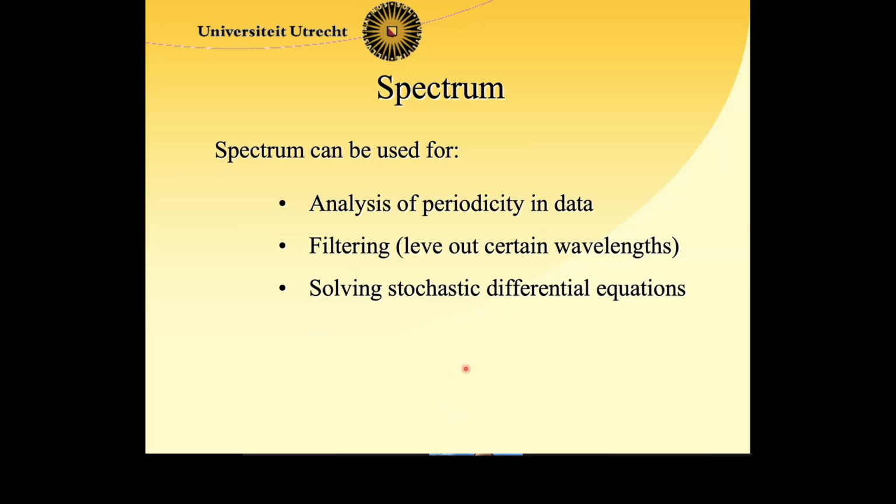And finally, as we will see later in chapter 8, if you have a differential equation, for instance, of groundwater flow, where hydraulic conductivity is a random function of space, you can use a spectral representation of the random function of hydraulic conductivity to arrive at solving a stochastic differential equation.